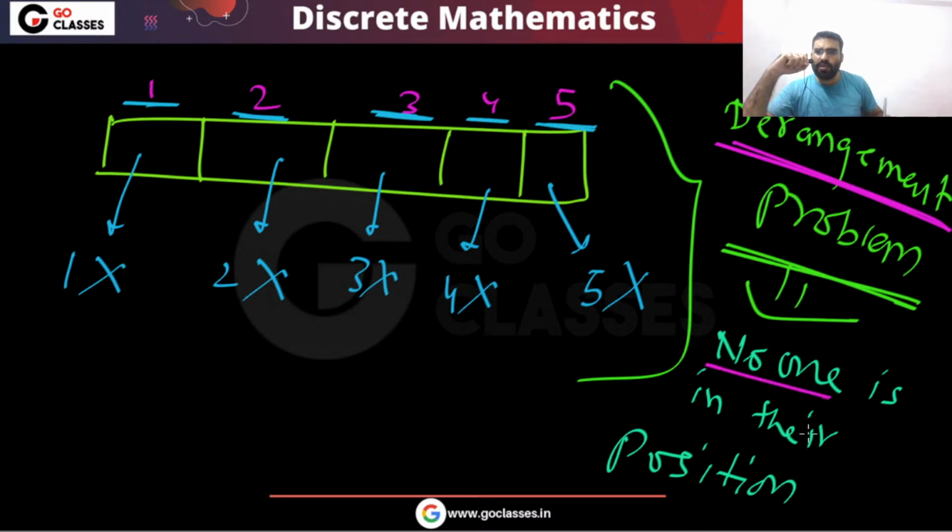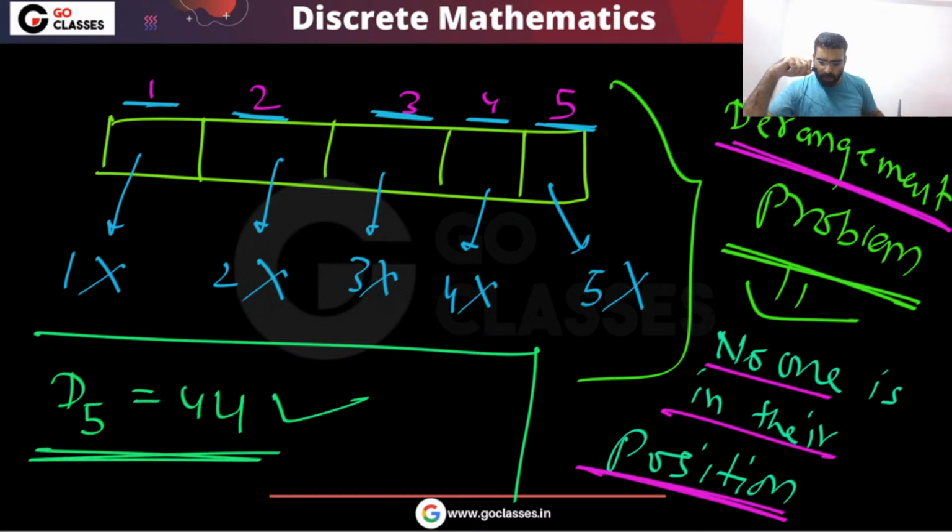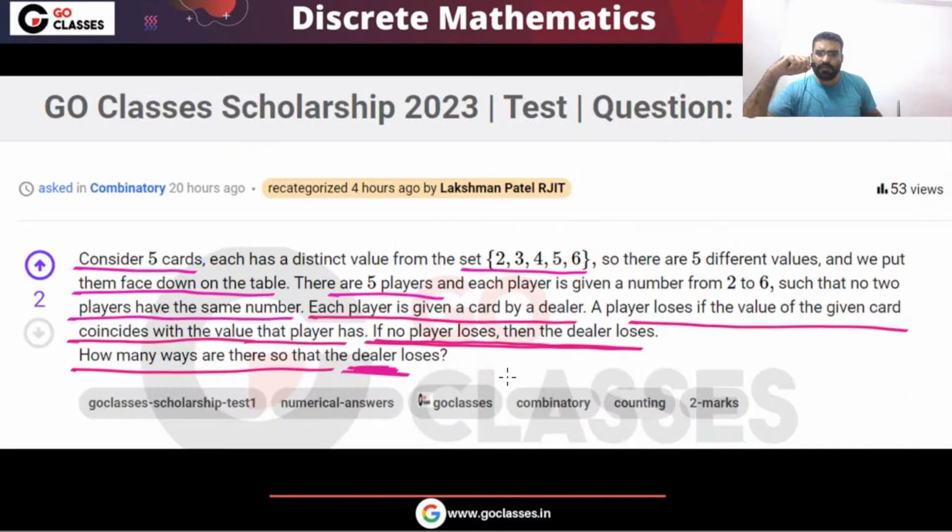You can notice no one is in their position. So this is a derangement problem of 5 elements, and the answer will be 44.